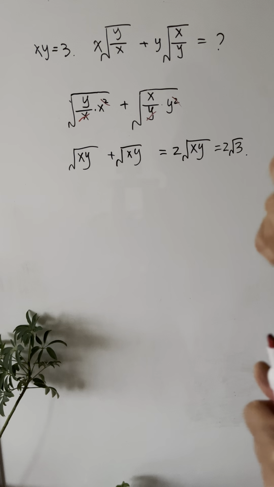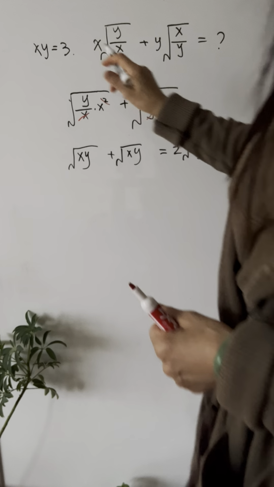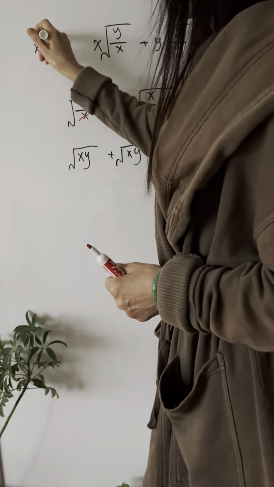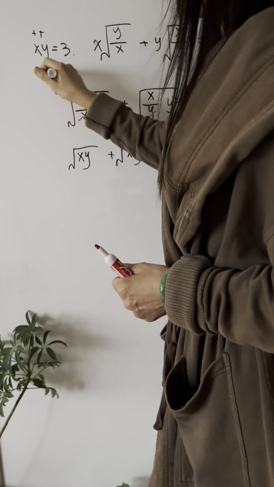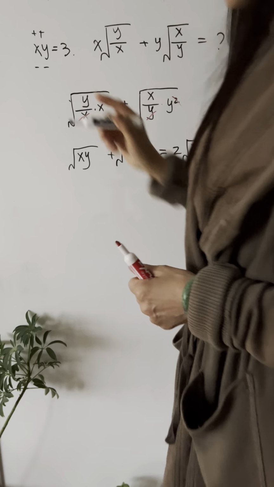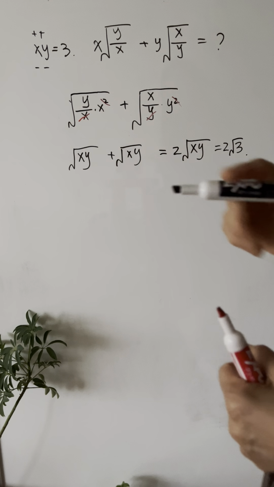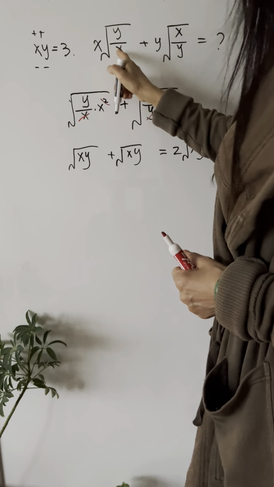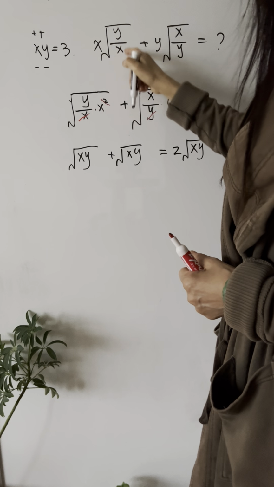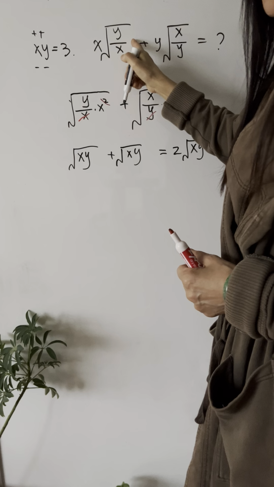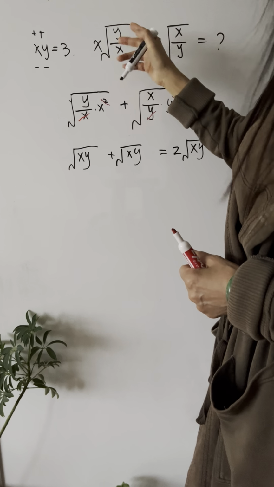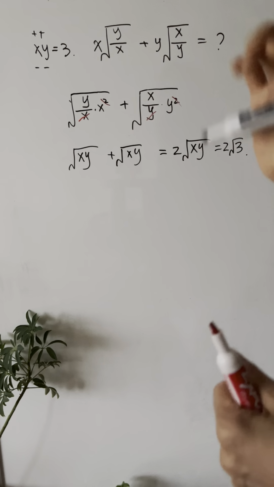What about x and y being negative? Because if both are positive, we get a positive number, but if both are negative, we also get a positive number. So if this is negative, the quotient is negative. And if this is negative and we push it inside, somehow we ignored negative values.